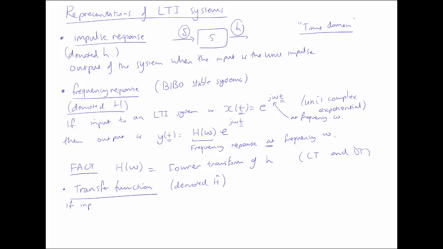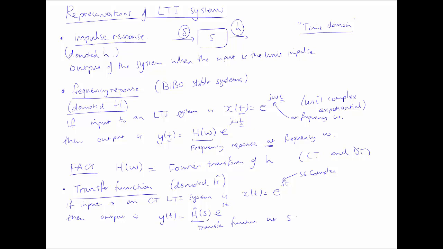What's the idea? This is only in the continuous time setting. If the input to a CT LTI system is now a general complex exponential, then the output is y of t equals H hat, the transfer function, times e to the st. This is the transfer function at some complex number s.